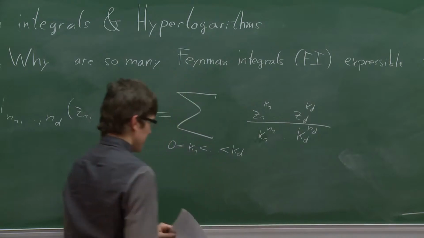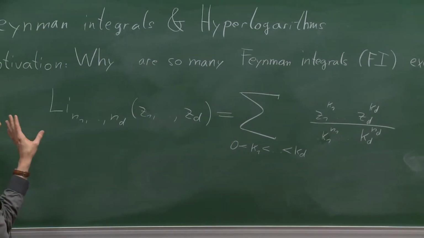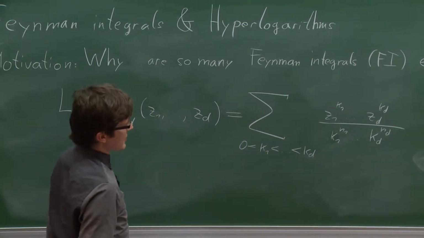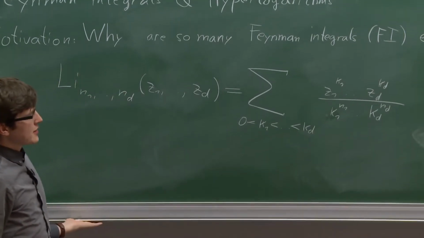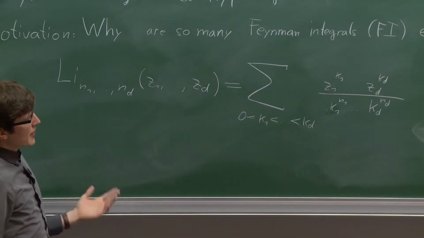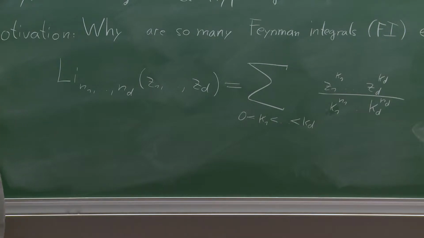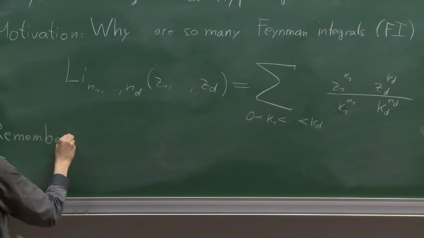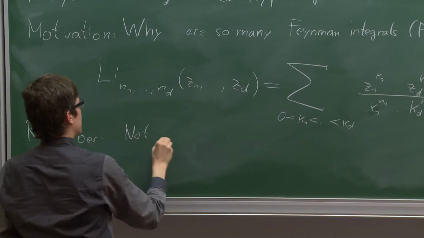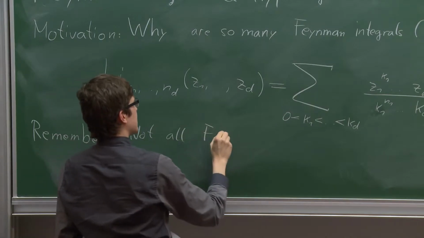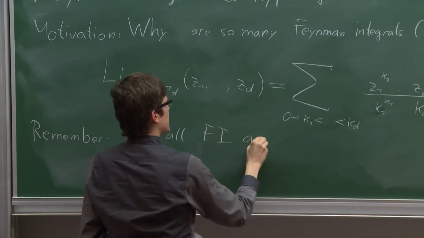So we have seen already some examples, also in Ruth's talk, where these functions show up in Feynman diagram calculations, and it's still today sort of mysterious why there are so many of them where this is the case. But you also remember that not all Feynman diagrams or Feynman integrals are of this form.